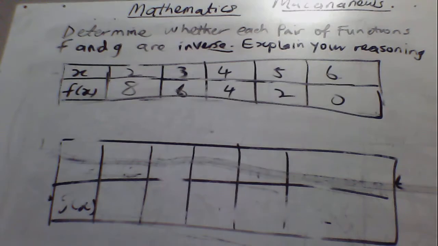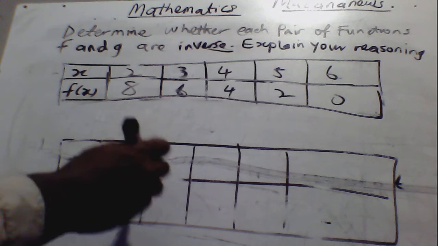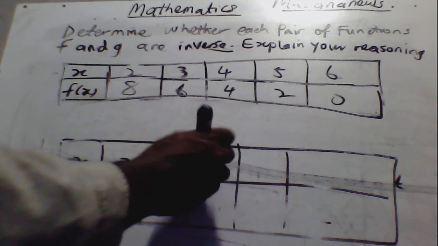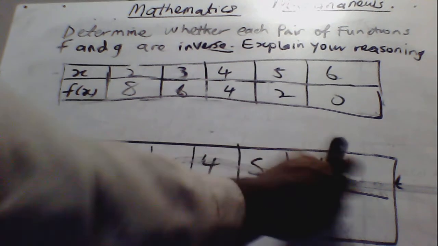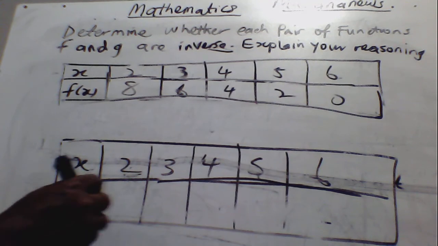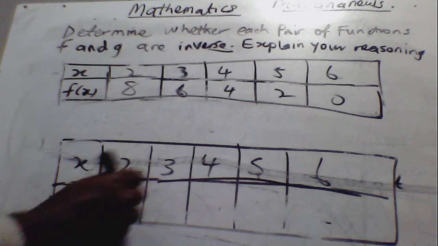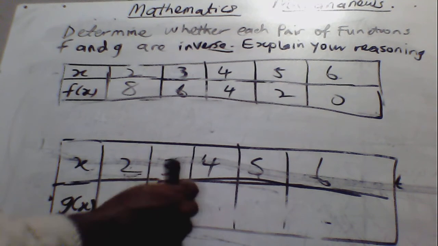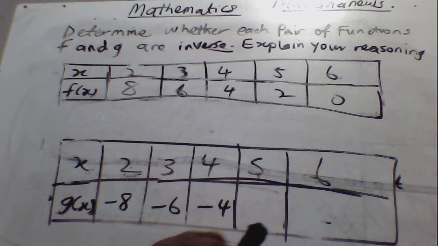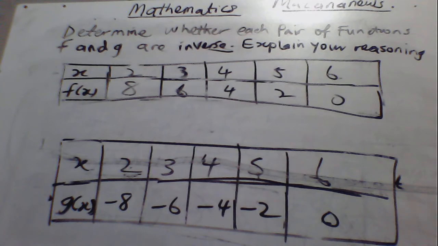I hope you are seeing it. And in this other table you have x: 2, 3, 4, 5, 6. So g of x, you have minus 8, minus 6, minus 4, minus 2, and 0.